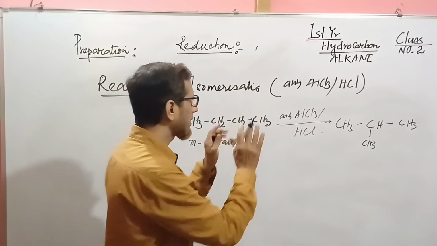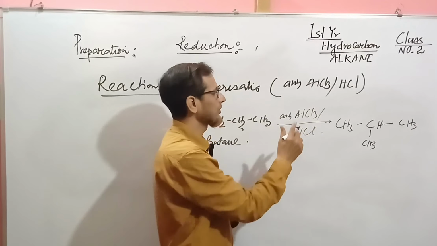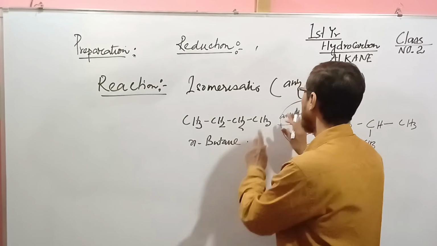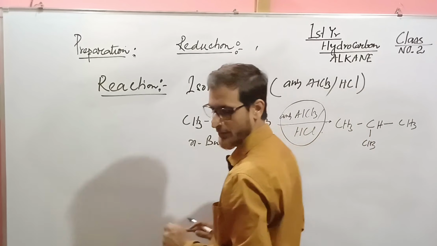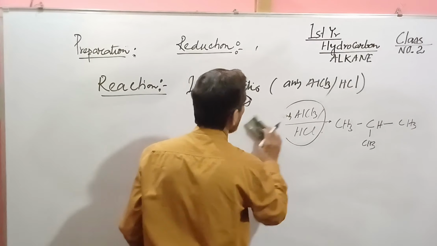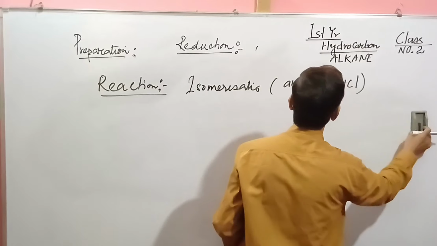Mind that if in the exam the question is given with these reagents, you should not try to introduce the reagent into the reactant. Whenever aluminum chloride is there, be careful, there will be rearrangement. Nothing will be used up in this reaction. So this is a simple example of an isomerization reaction.